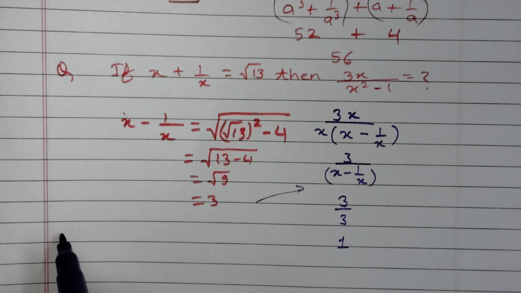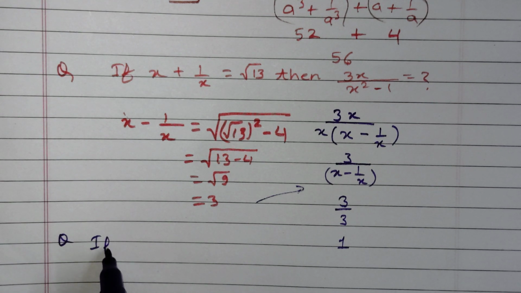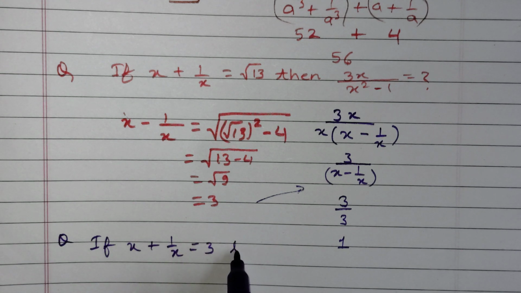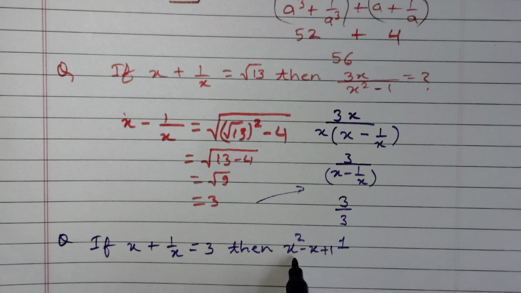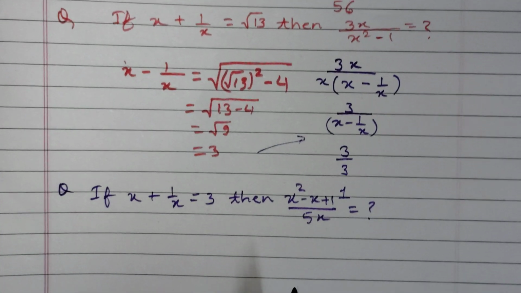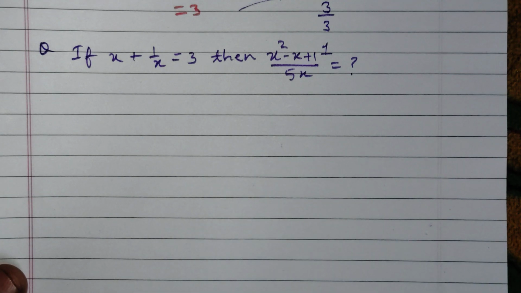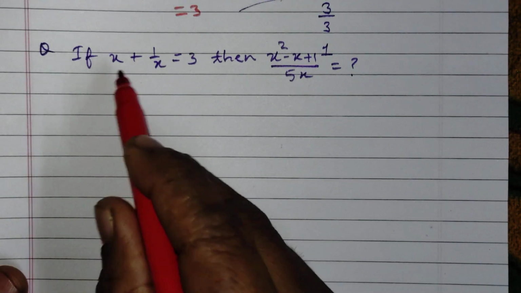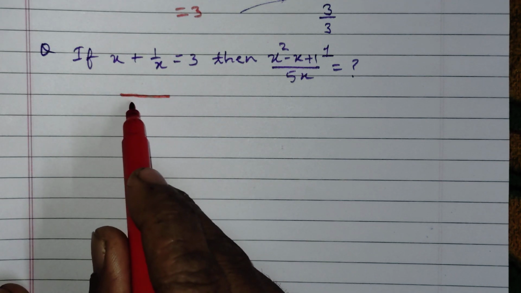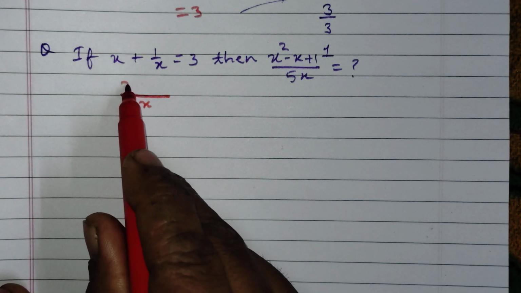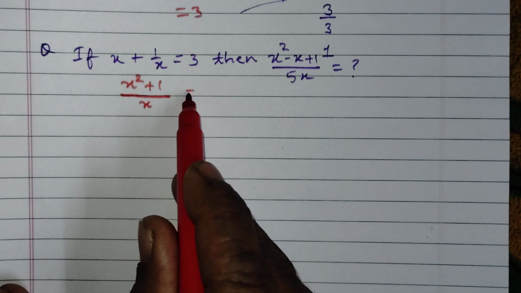Next our question is, if x plus 1 upon x equal to 3, then find x square minus x plus 1 upon 5x. In this question we know that x plus 1 upon x equal to 3 is given. Taking the x LCM we get x square plus 1 upon x equal to 3.